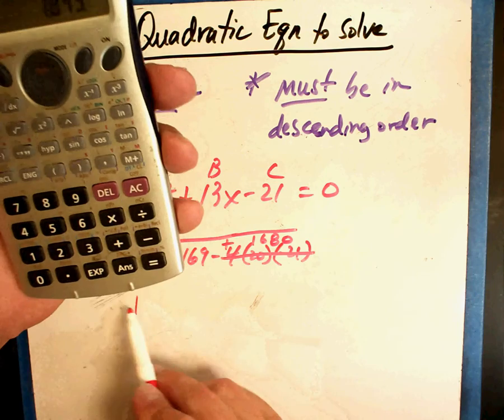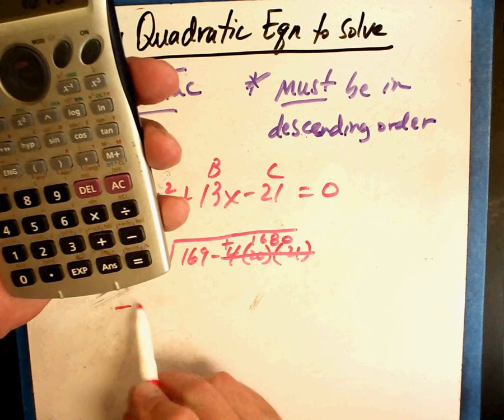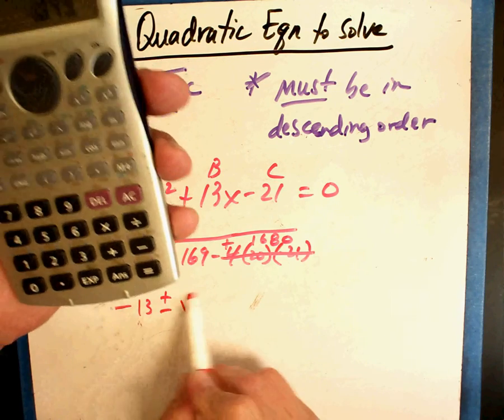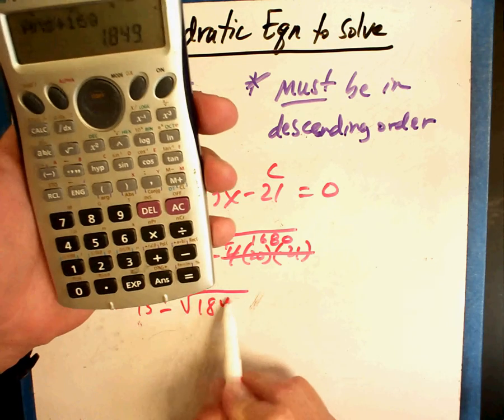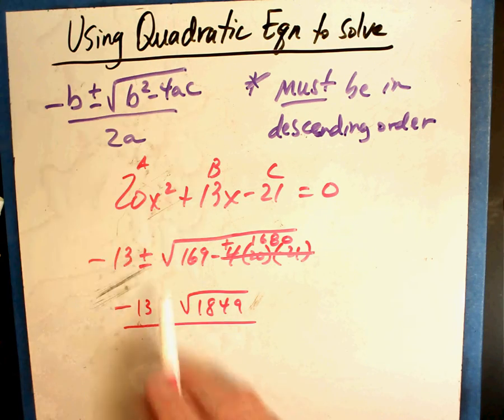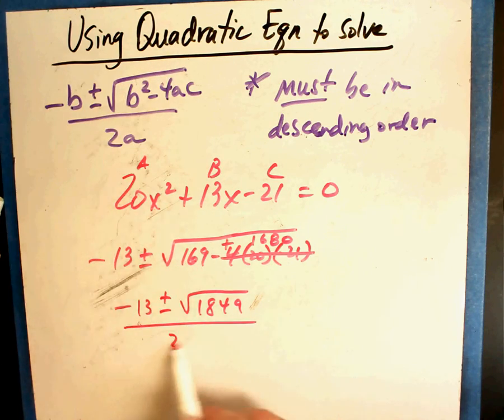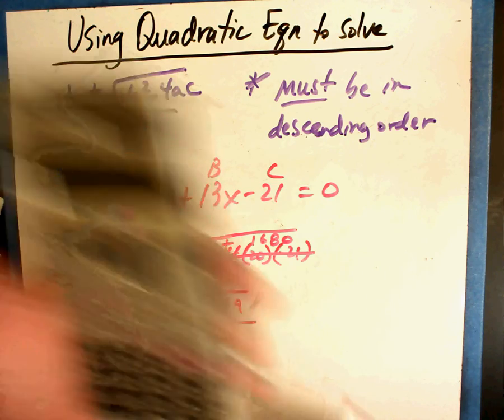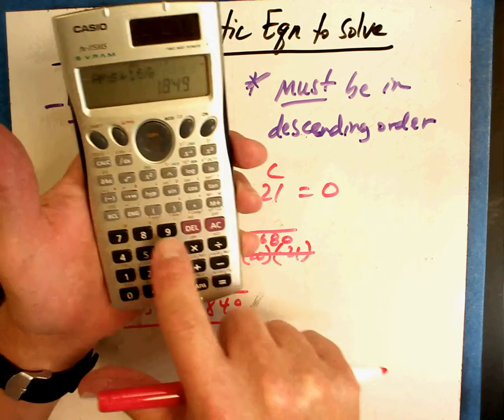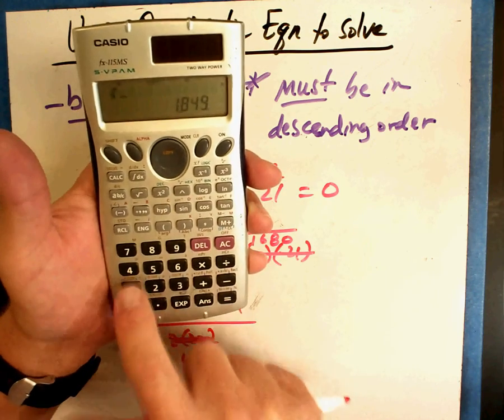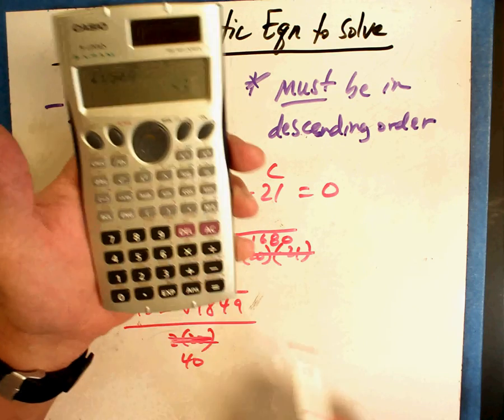So it's minus 13 plus or minus the square root of 1849 over 2 times A, which is 40. Okay? Now, if you take the square root of 1849, it equals 43.